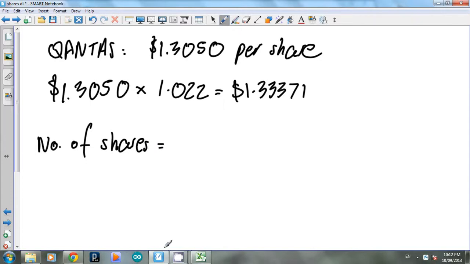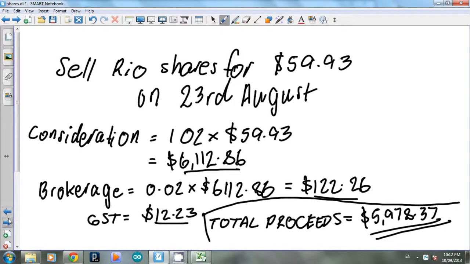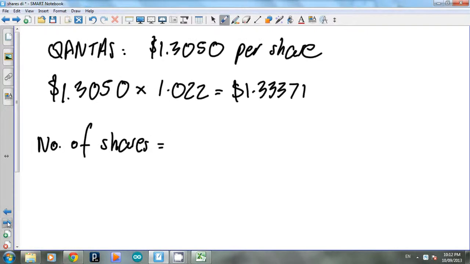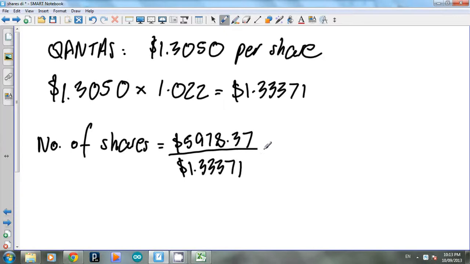So if I go back to my proceeds, just hang on a sec. $5,978.37. Okay. So I want to divide that by the revised cost per share.